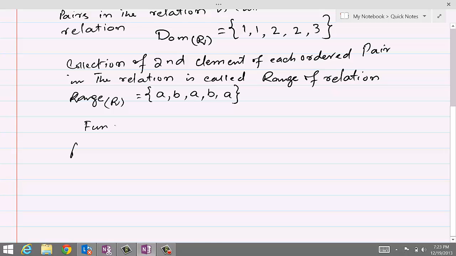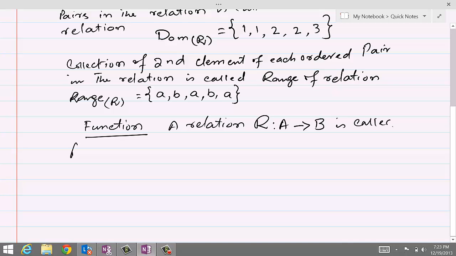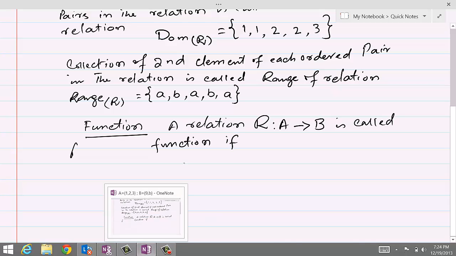Function: a relation R from a set A to another set B is called a function if the following two conditions are satisfied.